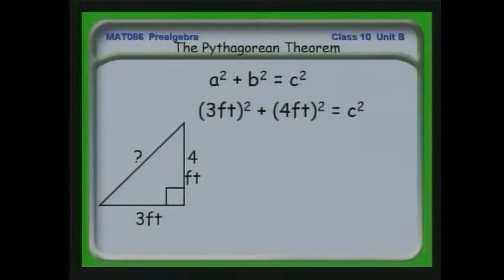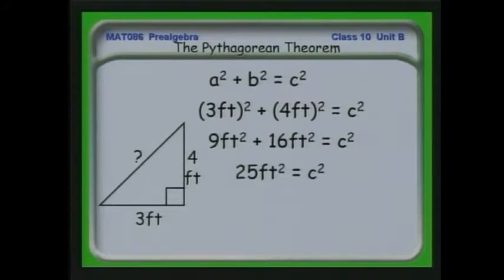We substitute the lengths of the legs in for A and B, and then we need to square them. 3 times 3 is 9. Feet times feet is feet squared. So we have 9 square feet plus 16 square feet. The next thing we need to do is add those squares to get 25 square feet is equal to C squared.